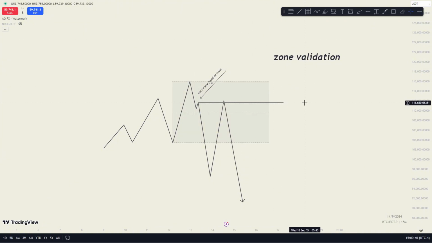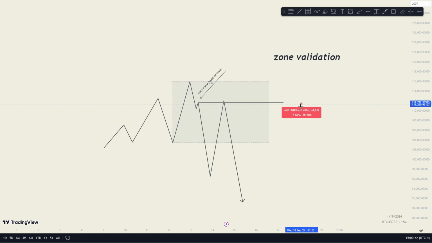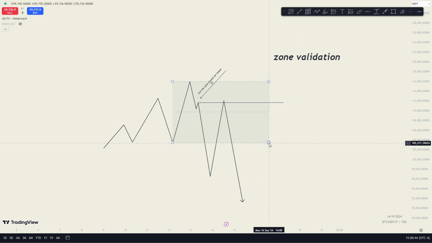And once it sweeps a high, it will head lower. You can take partial at the bottom of the zone, and then you can leave a runner and take almost everything out below the low that brought you above.